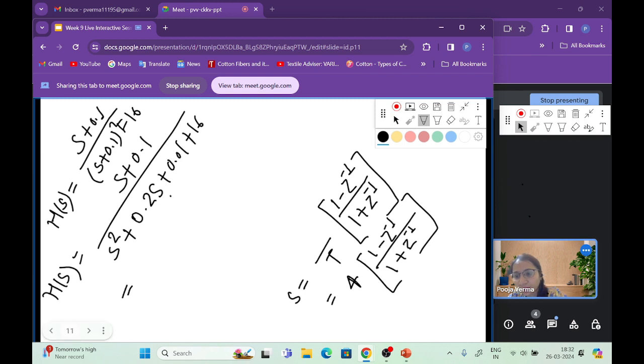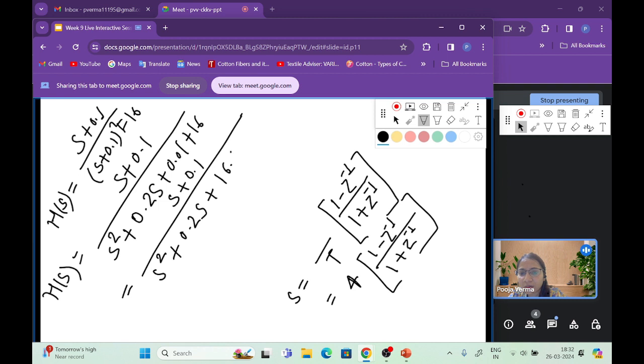So s plus 0.1 divided by the whole transfer function will look like s square plus 0.2 s plus 16.01.